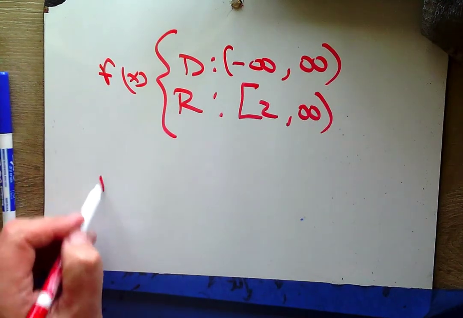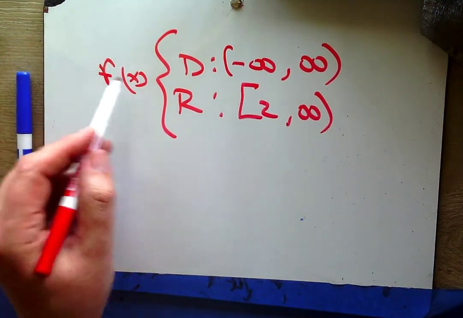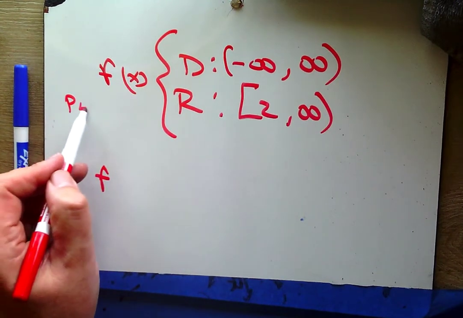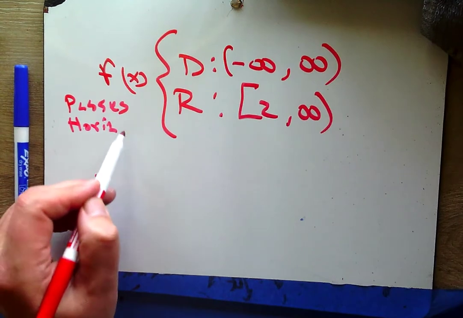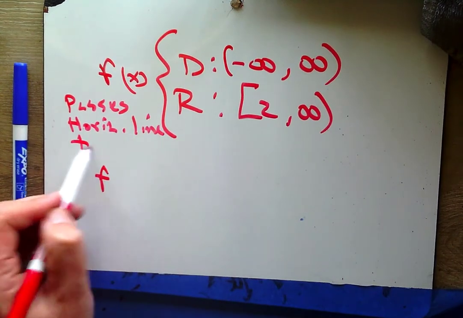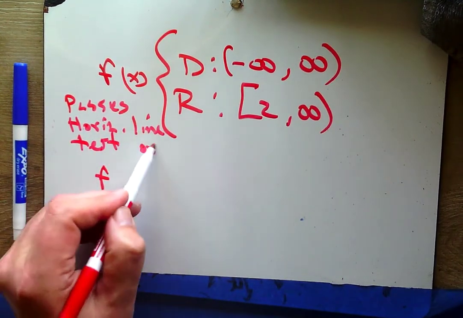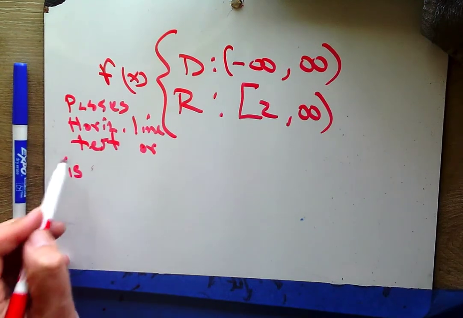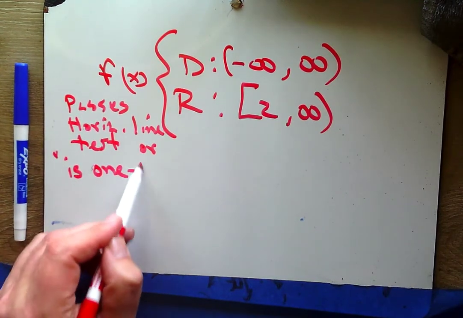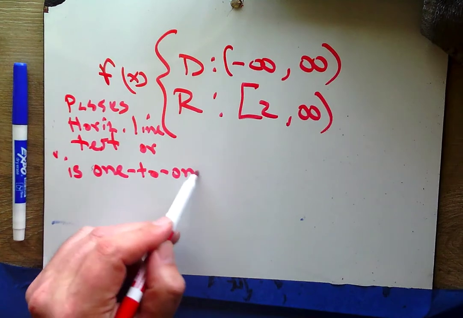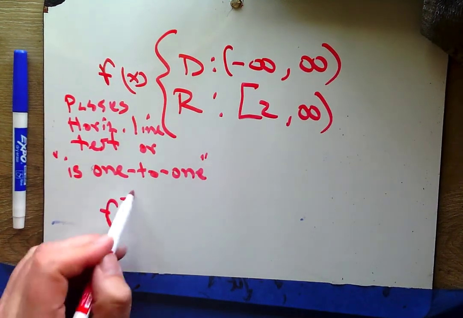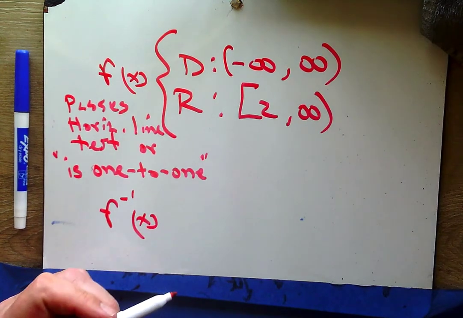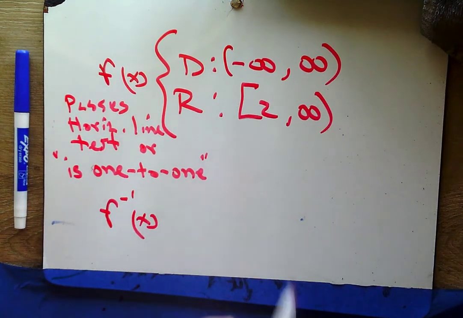I kind of want to ask the question, providing f of x passes the horizontal line test, or is one-to-one, providing either of these things is true, could you then please find f inverse? What could you say about f inverse?